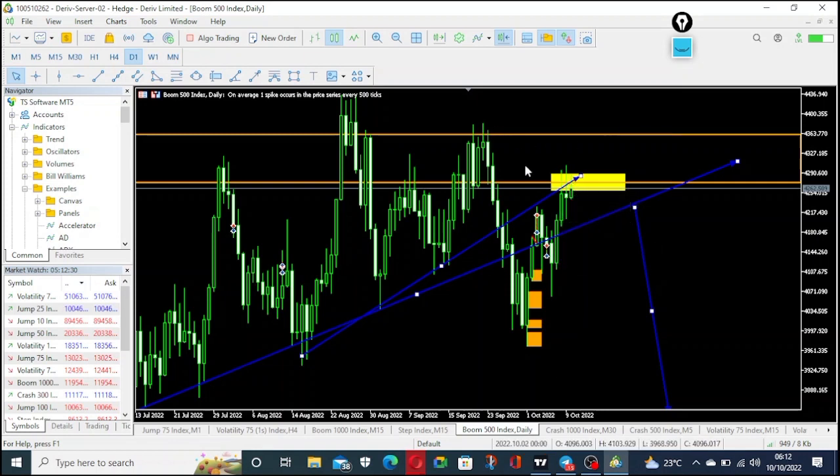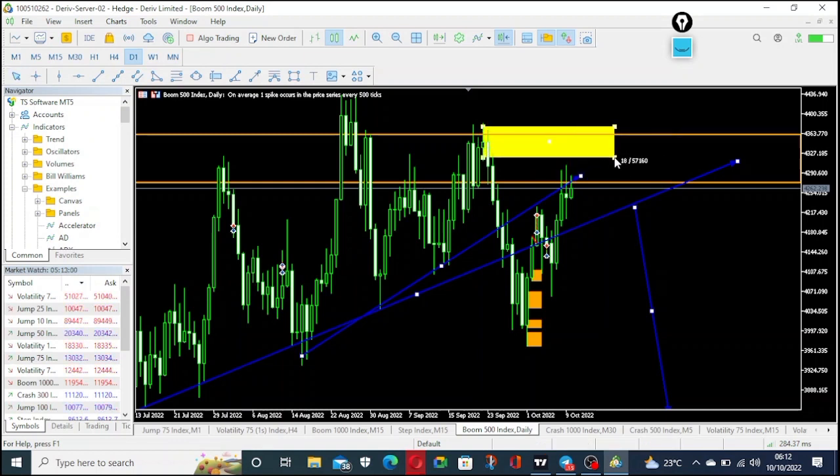Looking at it, price might still want to get to this point, to fill up this structure we have here, before it starts coming down.